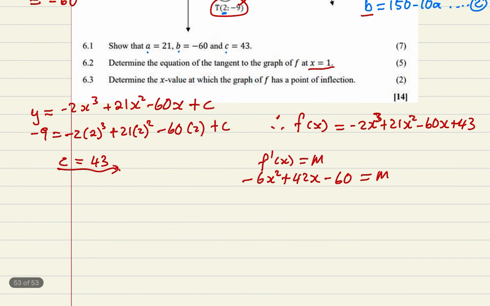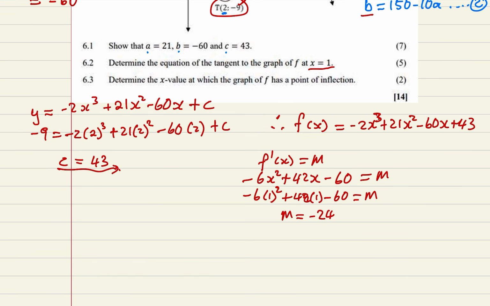Then we substitute the x value they have given us: negative 6 into 1 all squared plus 42 into 1 minus 60. The gradient will be negative 24. That is how we find the gradient.